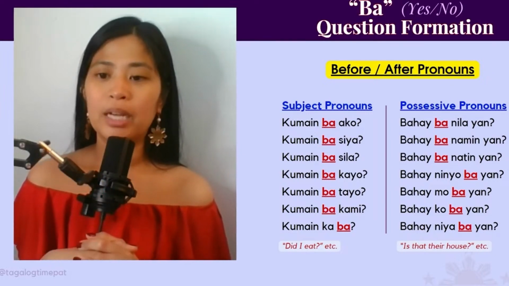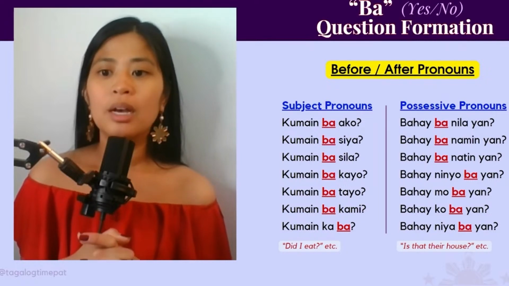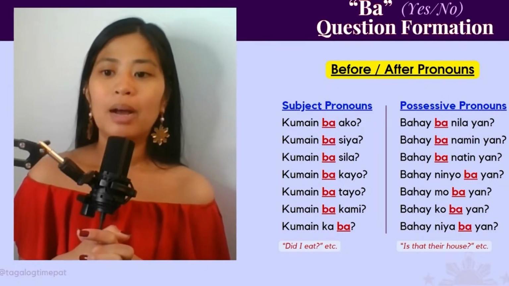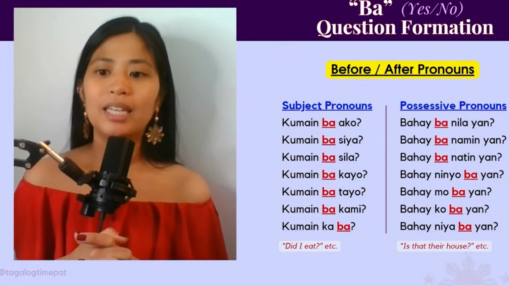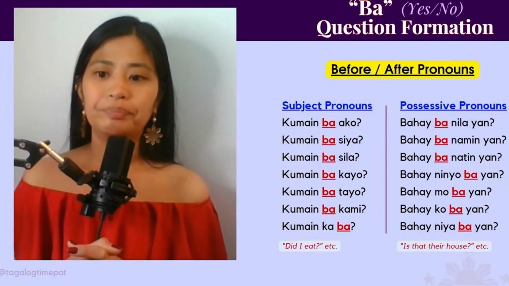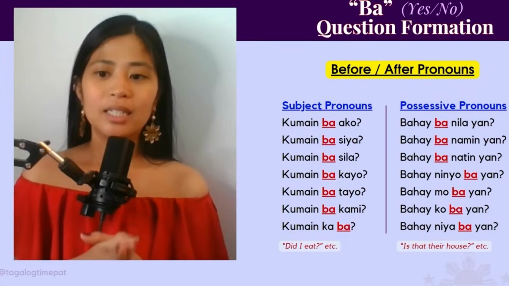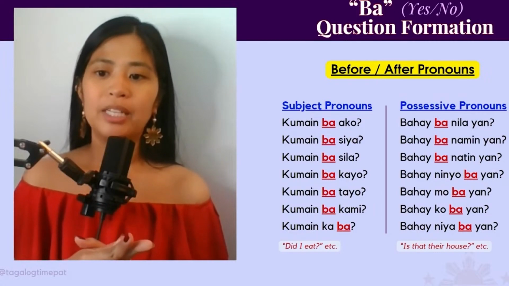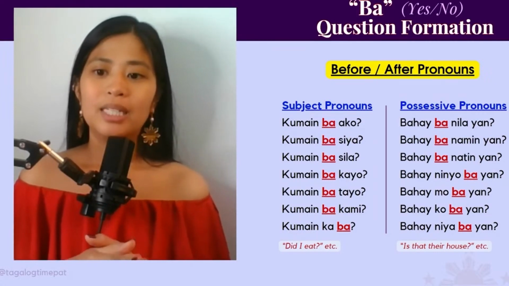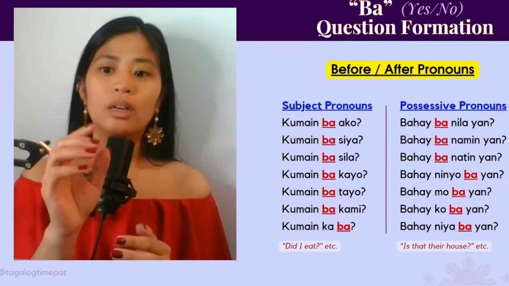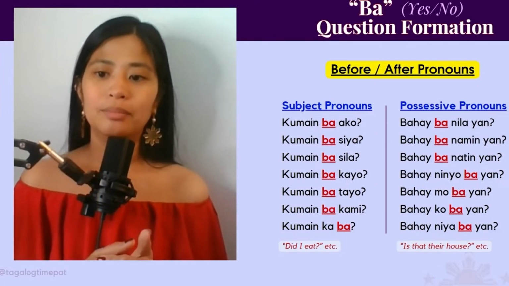Ba is going after the pronoun. Bahay ko ba yan? And bahay niya ba yan? Niya is another pronoun where I've heard both. Bahay ba niya yan? But mo and ko usually go before ba.